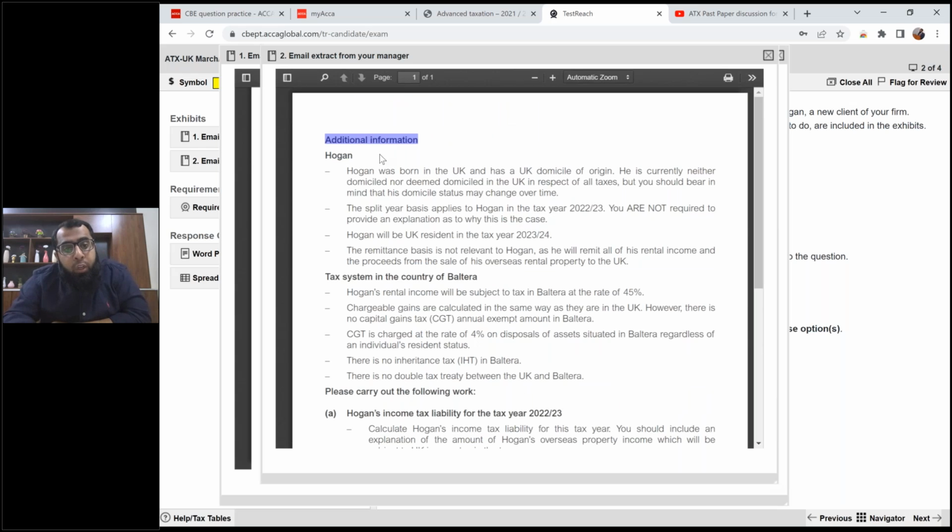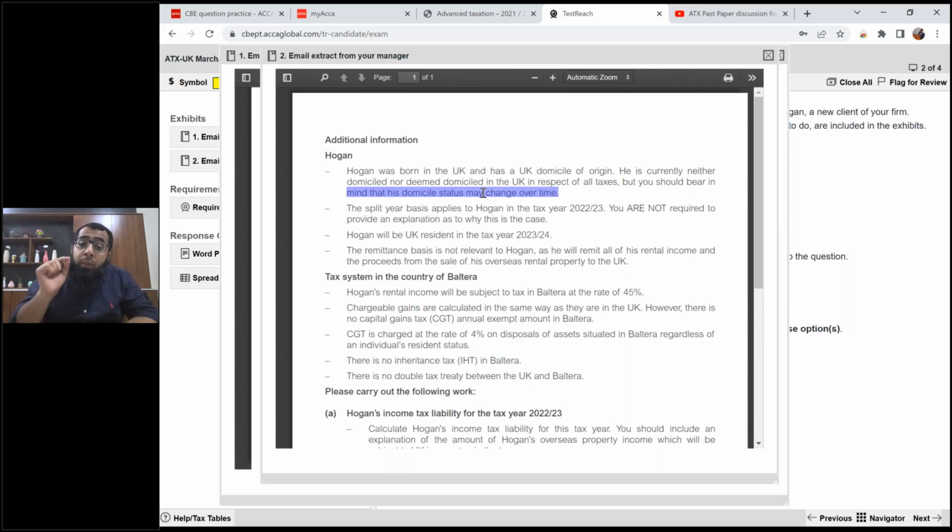Additional information, Hogan. Hogan was born in UK and has a UK domicile of origin. He is currently neither domiciled nor deemed domicile in the UK in respect of all taxes, but you should bear in mind that domicile status may change over time. Now, you all should remember that if you have the domicile of origin, you can come into the rules of deemed domicile.